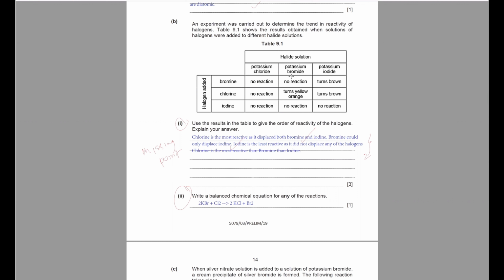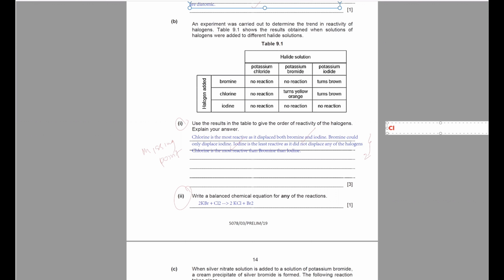Then bromine only displaces iodine but does not displace chlorine, so you can conclude that bromine has a higher reactivity than iodine, but lower than chlorine. Iodine does not displace any of them, so you can say that iodine is the least reactive of the 3.